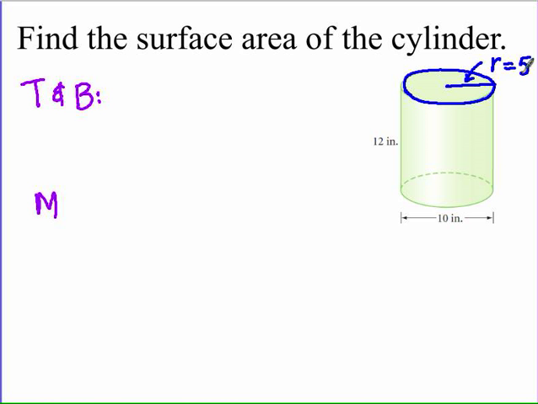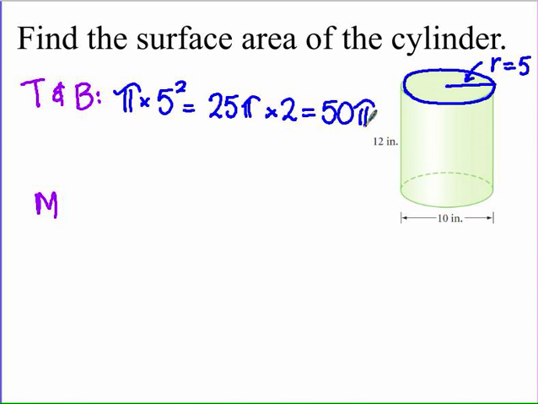So, top and bottom, pi times 5 squared, which is 25 pi. And I have how many of those? 2. So really, 50 pi. And you can leave it in terms of pi. You don't have to multiply it out. So now the middle.